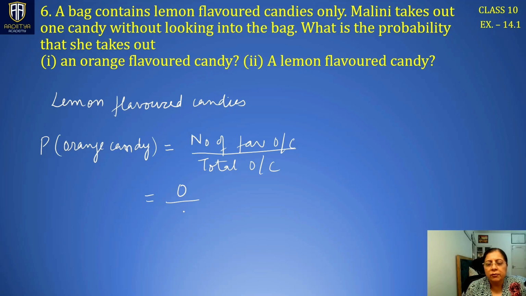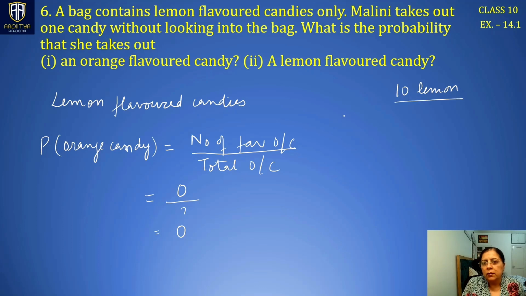So how can we draw it out? So it's 0, and the total outcomes they haven't given. A bag contains lemon flavored candies. Whatever the total number of outcomes is, the probability of orange flavored candy is 0. Right? And the second part says a lemon flavored candy. Now the bag is full of lemon flavored candies. Let's say, just as an example, it has 10 lemon flavored candies.